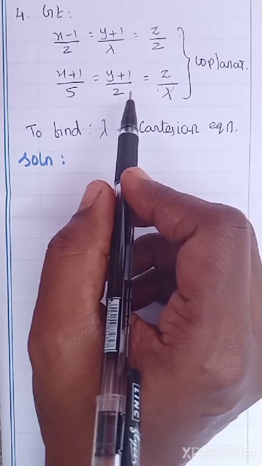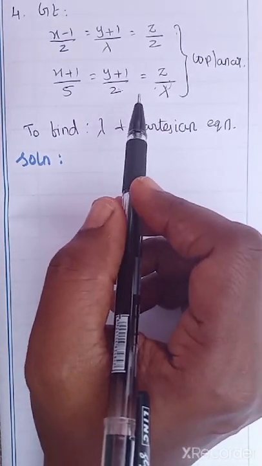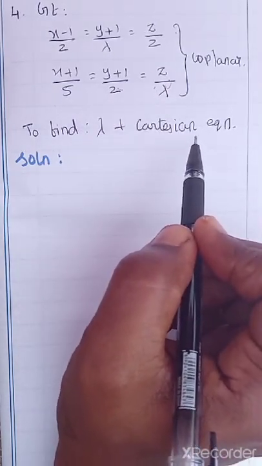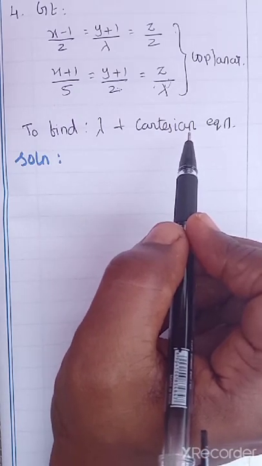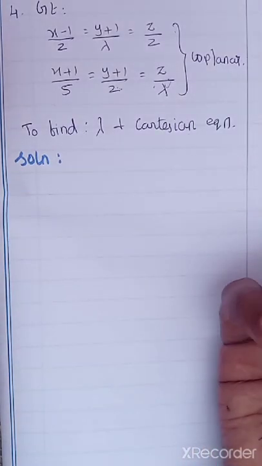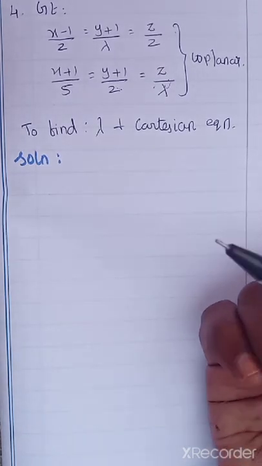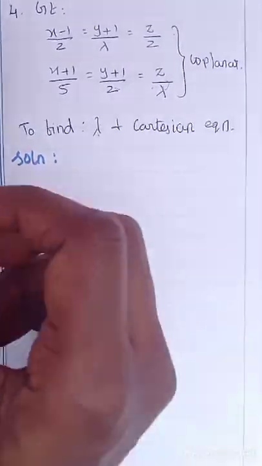The determinant of x2 minus x1, y2 minus y1, z2 minus z1, and L, m, n rows equal to 0. For the Cartesian equation, x minus x1, y minus y1, z minus z1, L1 m1 n1, L2 m2 n2 equal to 0. So same as your second problem. We want to find out lambda and the Cartesian equation.